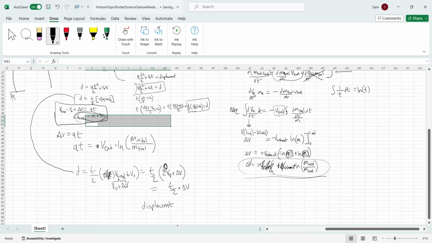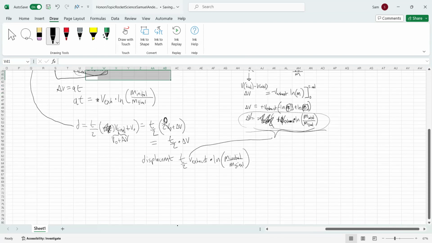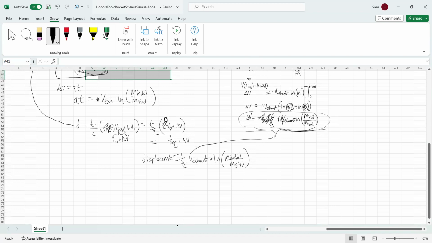Now I will be substituting in Tsiolkovsky's equation right here. We get time over 2 times velocity of the exhaust of the rocket times the natural logarithm of the overall mass of initial over mass final. And now we have rocket specifications being related to displacement.